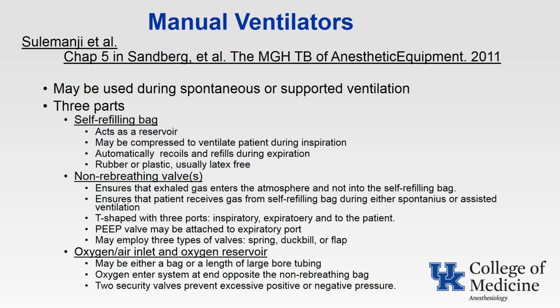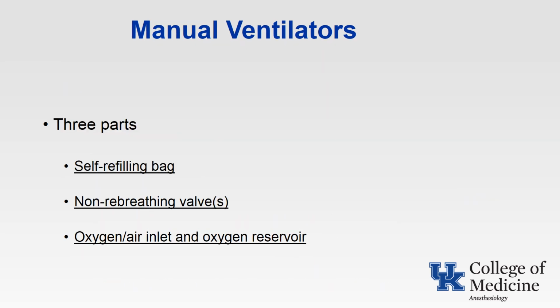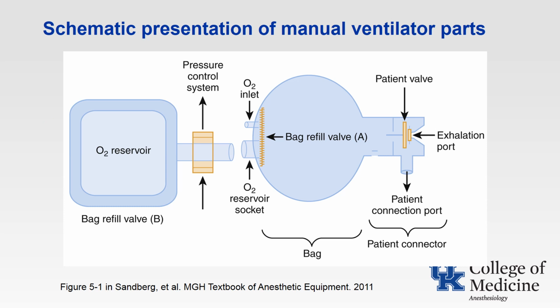They may be used during spontaneous or supported ventilation, and they have three parts: a self-refilling bag, non-rebreathing valves, and an oxygen inlet and oxygen reservoir. These are the three parts, and these are diagrammed in this diagram from the MGH textbook.